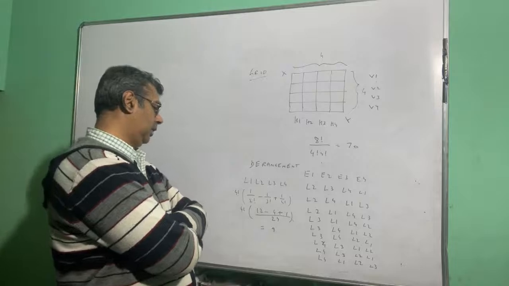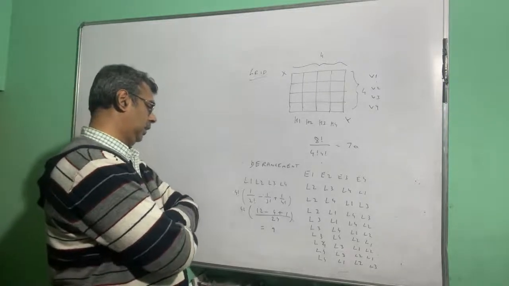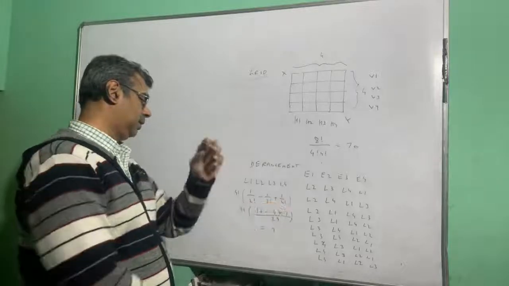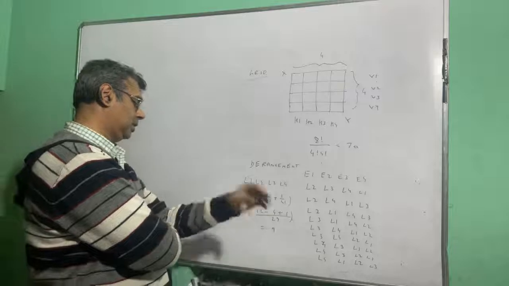So 4 factorial into 1 by 2 factorial minus 1 by 3 factorial plus 1 by 4 factorial, and after calculation the answer is 9.